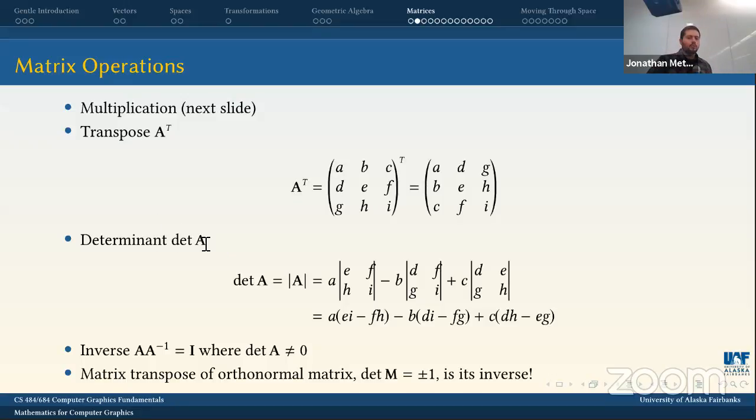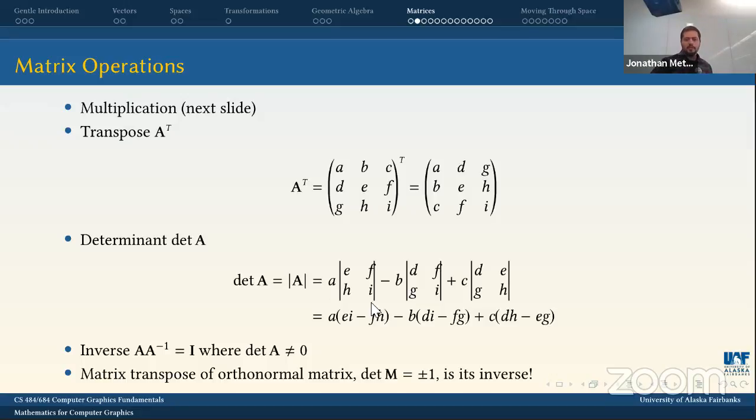In order to find out if you can even do an inverse, you have to be able to take the determinant. For the 3 by 3 matrix above, you can recursively apply an algorithm to find the determinant of the next smaller submatrix.